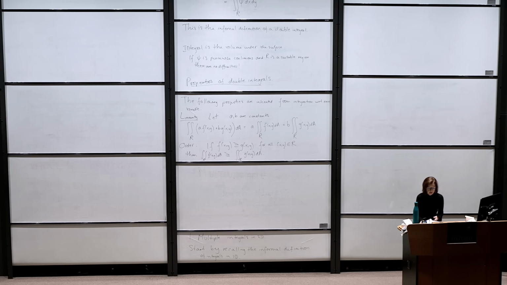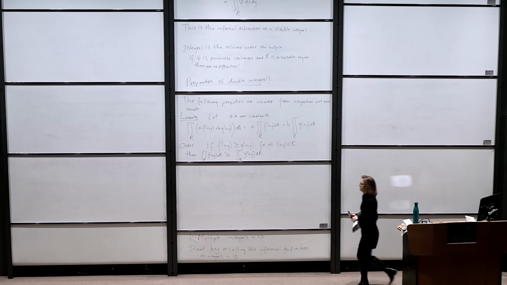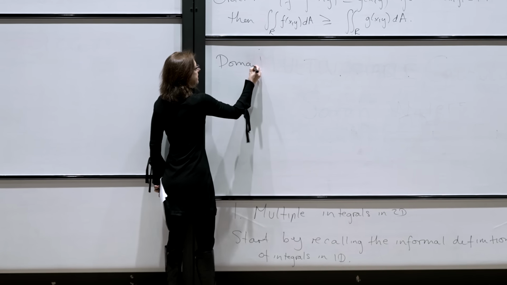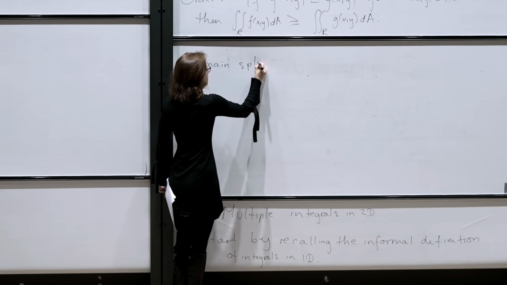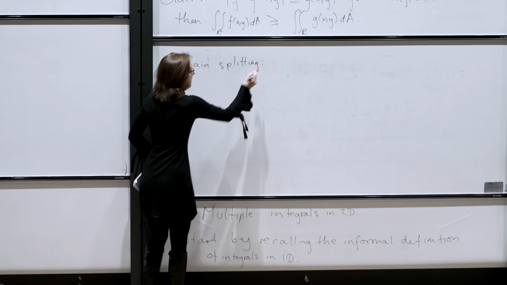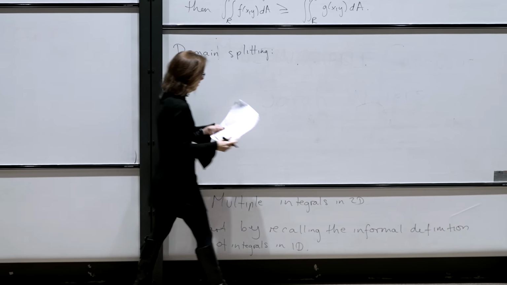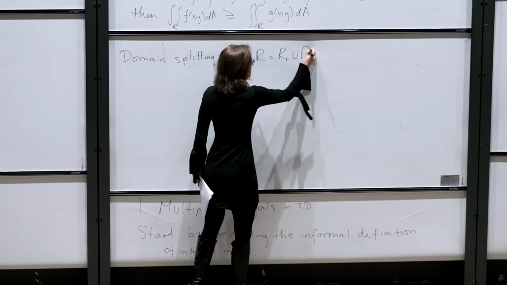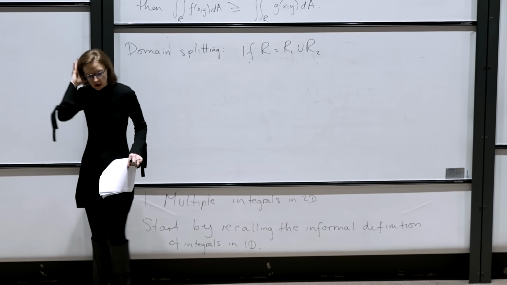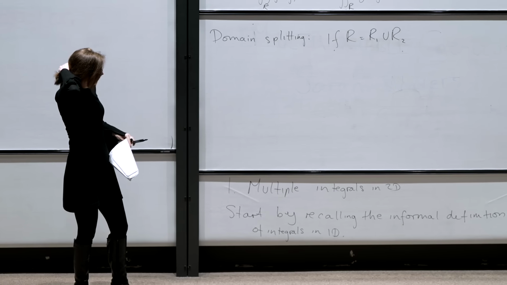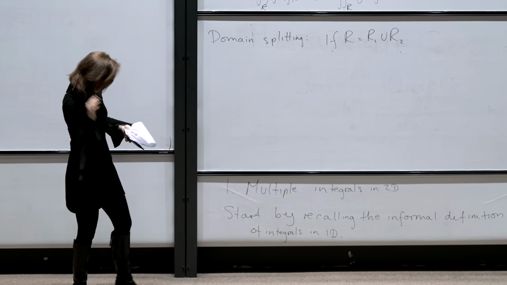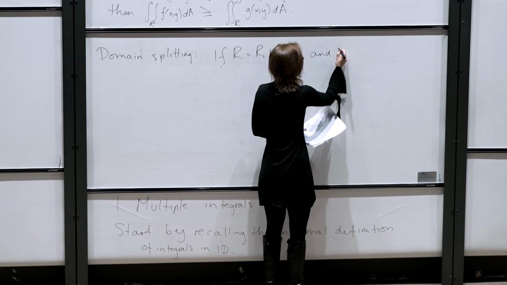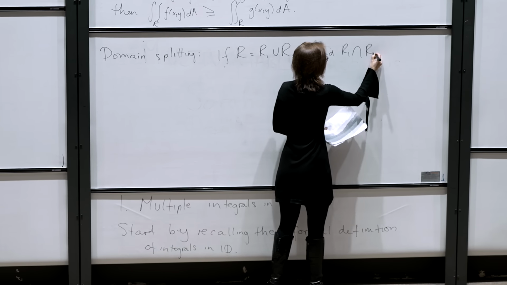All right, and the last one I'm going to write down is the property of domain splitting, which is that sometimes you can exploit the fact it's sensible to split the domain up to make your life easier. So let's suppose that the region R can be written as the union of two regions, R1 and R2. And the intersection of R1 and R2 is the empty set.